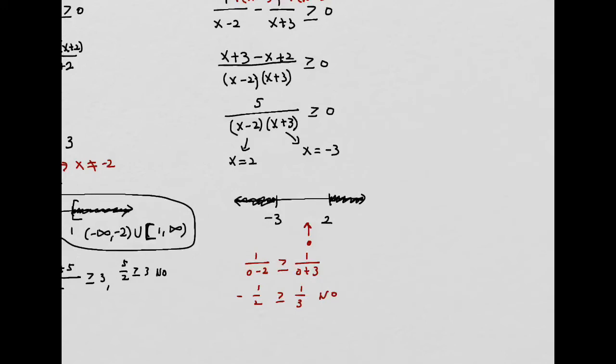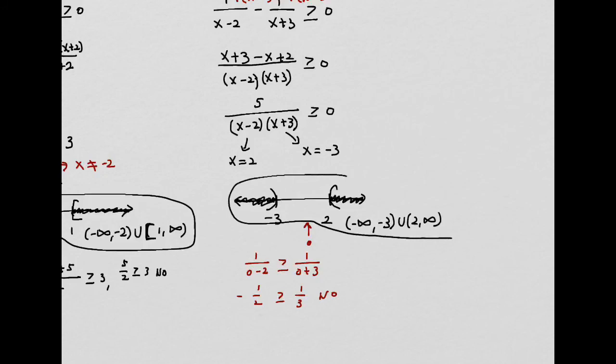And even though it is an equal sign, you do not use a bracket because these 2 points are also restrictions. So we need to use parentheses. And if you want to write the interval notation for that solution, you get negative infinity to negative 3, union 2 to positive infinity. Graph and interval notation of the solutions.